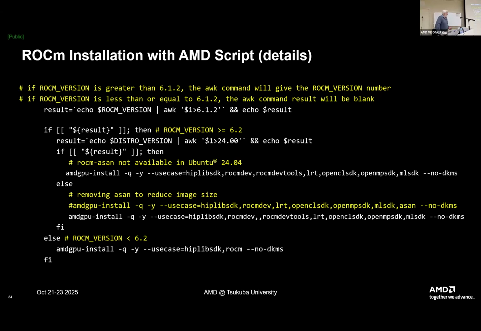It made our Docker image too big to work with. And ROCm ASAN, the address sanitizer, is only available in certain versions. So here we're not installing it with 2404. We had to do that with 2204. Next slide.